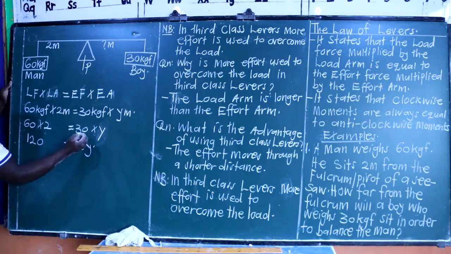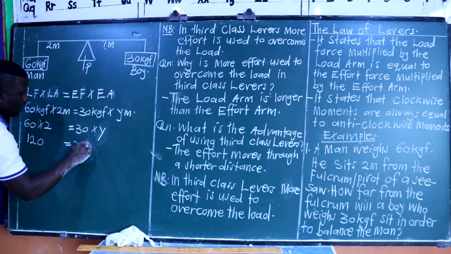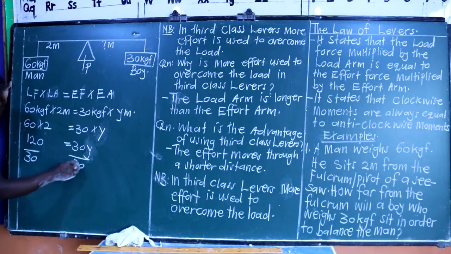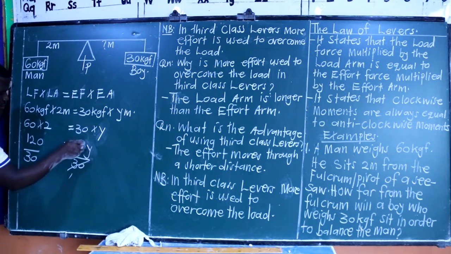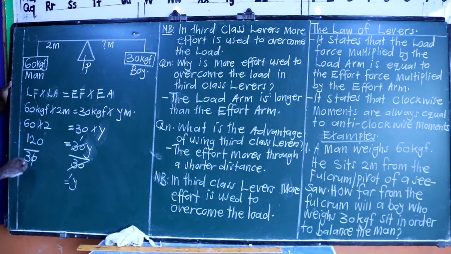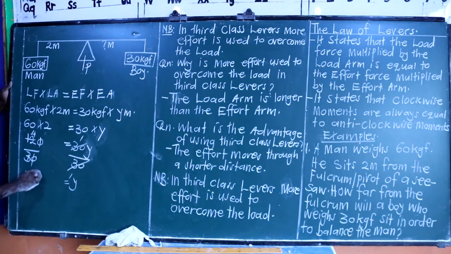How do you find the value of y? We divide both sides by 30. Then 0 cancels with 0, 3 here 1, 3 here 4. That is 4.